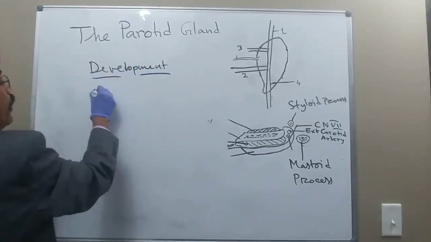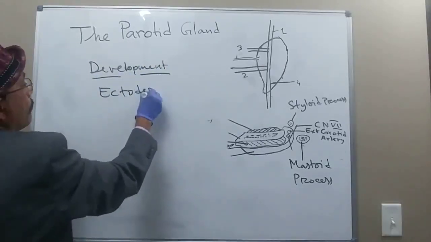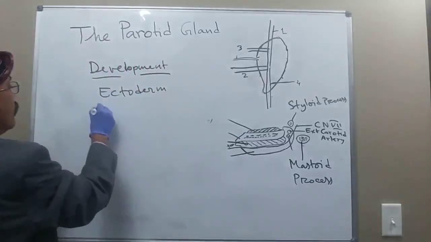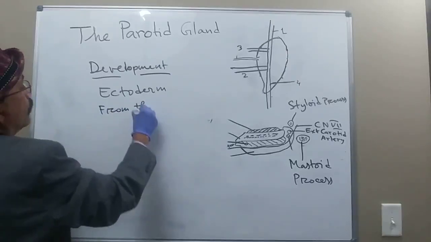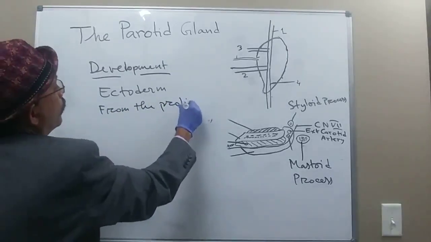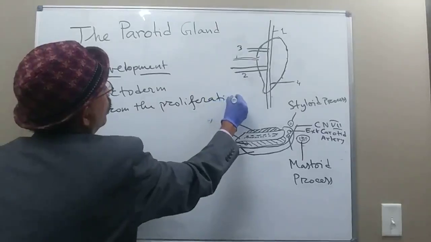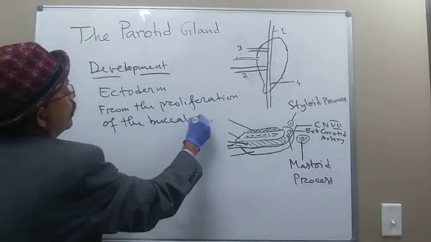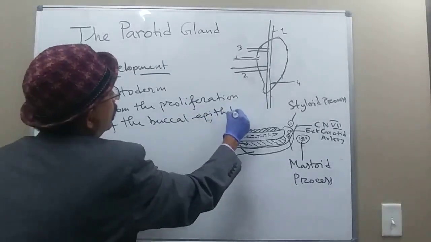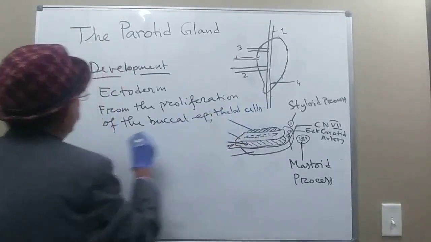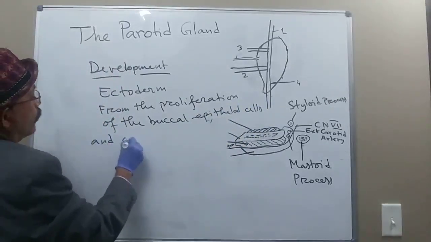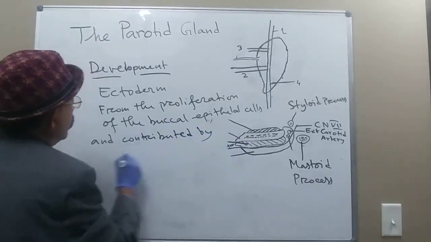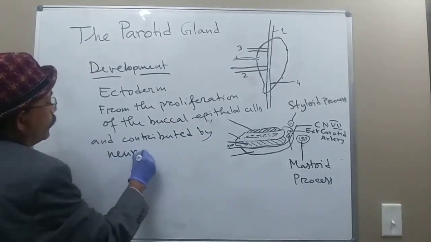Embryologically it comes from the ectoderm, from the proliferation of the buccal epithelial cells, contributed by neural crest cells.